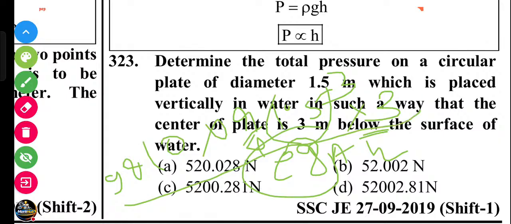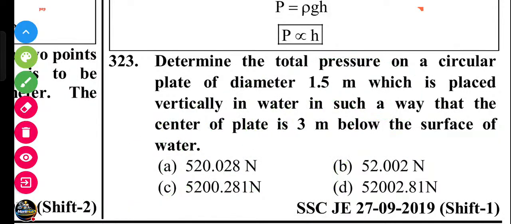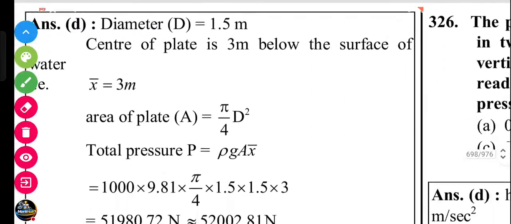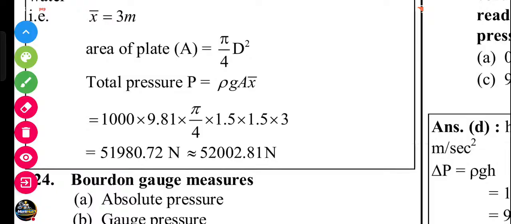Solve this and you can get the answer: 52002.81 Newton. Simply rho g A h bar.